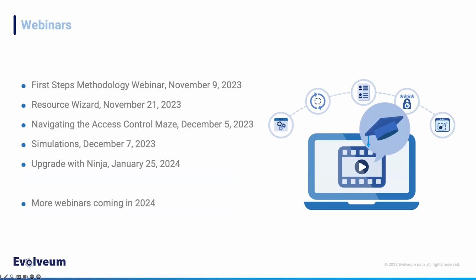On December 5th, the public webinar organized by Kuppinger Cole with the topic Navigating the Access Control Maze will be held. And the last but not least of the currently planned webinars is about upgrading with Ninja, planned for January 25th.